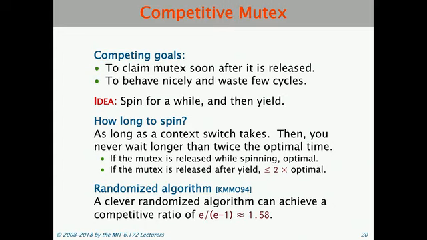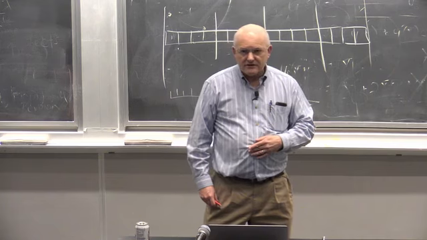Basically, at every step you have some probability of deciding to yield or continue spinning. By using a randomized strategy, you can get this to e over e minus 1. Questions about this?